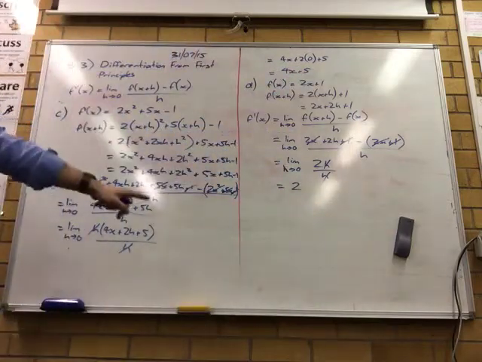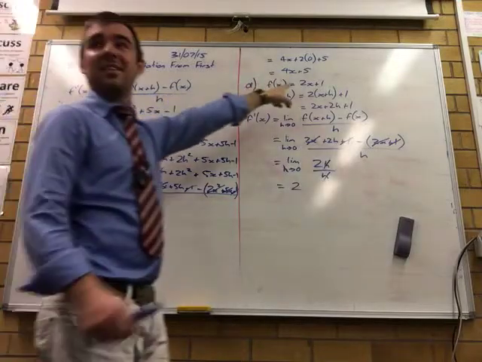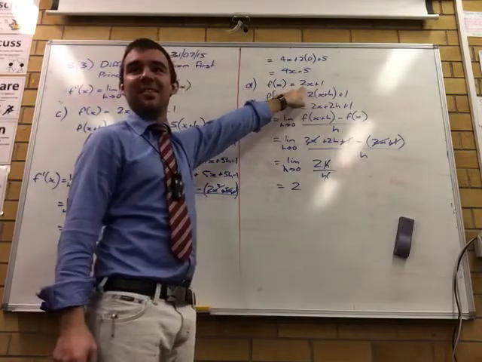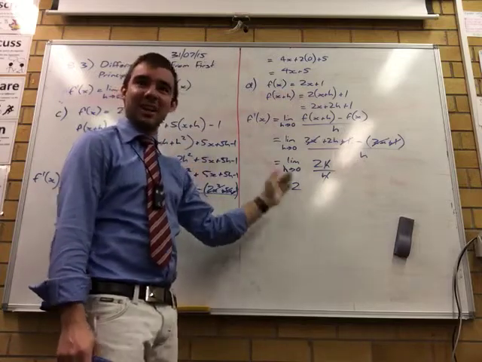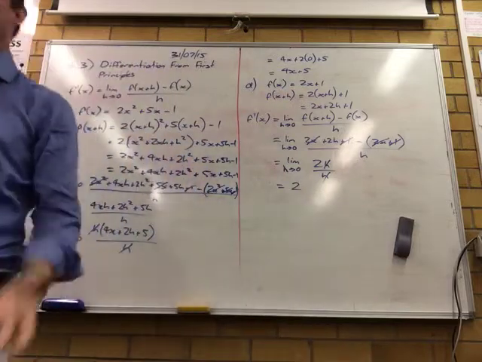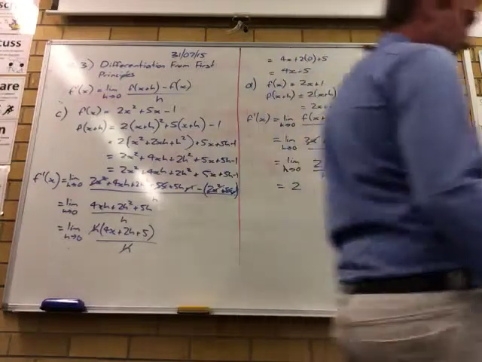That means any point on that curve is always going to be 2. Why is that? Because it's a straight line, isn't it? Anytime I put a tangent on that line, it's going to be the line itself, isn't it? Okay, so that's what I wanted you to discover, and well done.